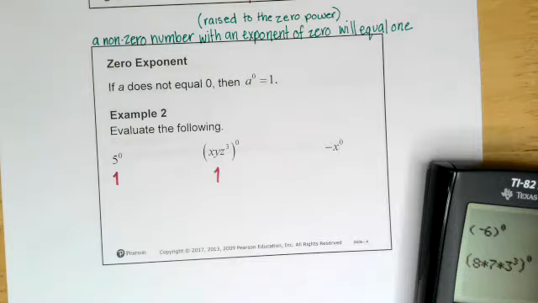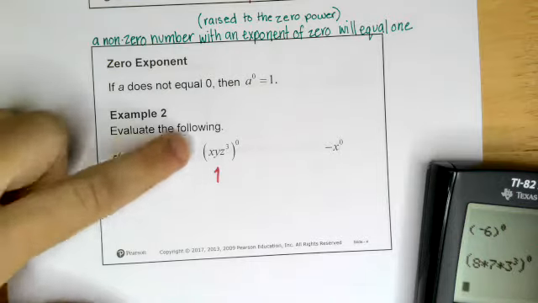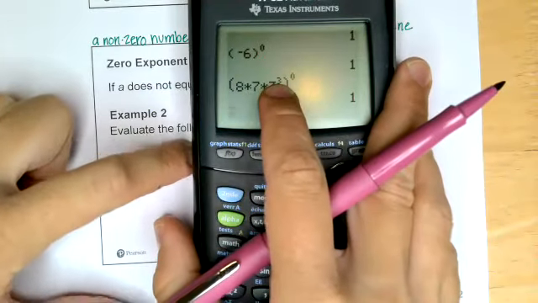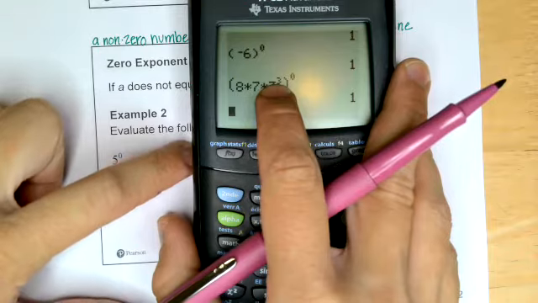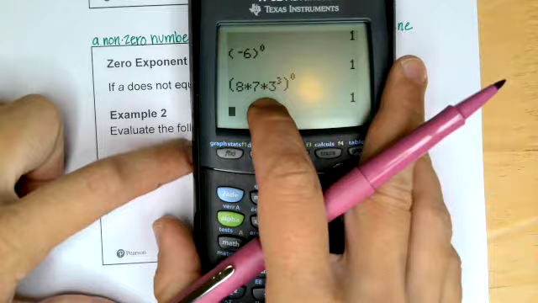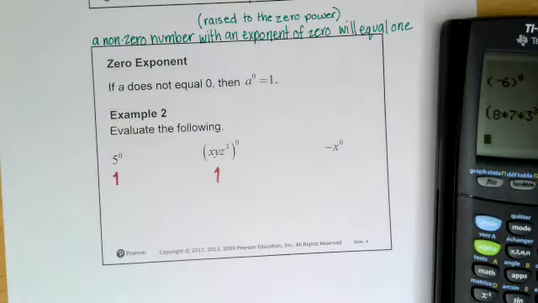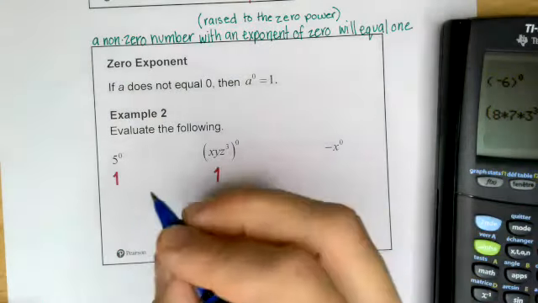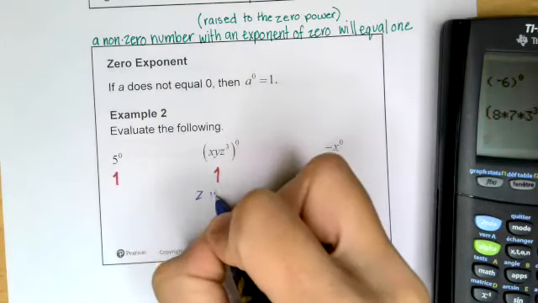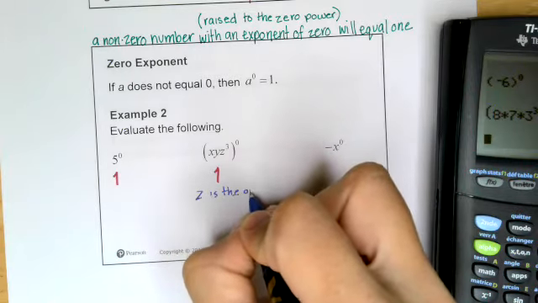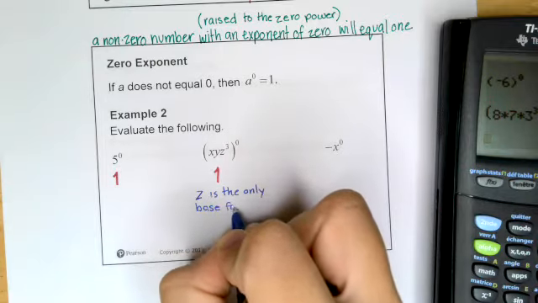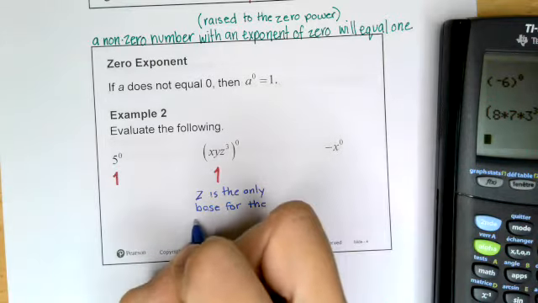So for this one, do you see how I multiplied them and only the 3 got the exponent 3? The only base for the exponent was the number or letter right below it, okay? So for this z, it is the only base for the exponent 3.